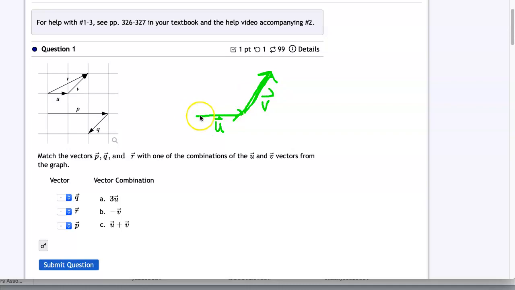Let's say vector u represents a boat trying to cross a river, and vector v is the direction of the current. Well, where is the boat going to end up? The sum of two vectors is always going to be the parallelogram diagonal. So this would be u plus v.